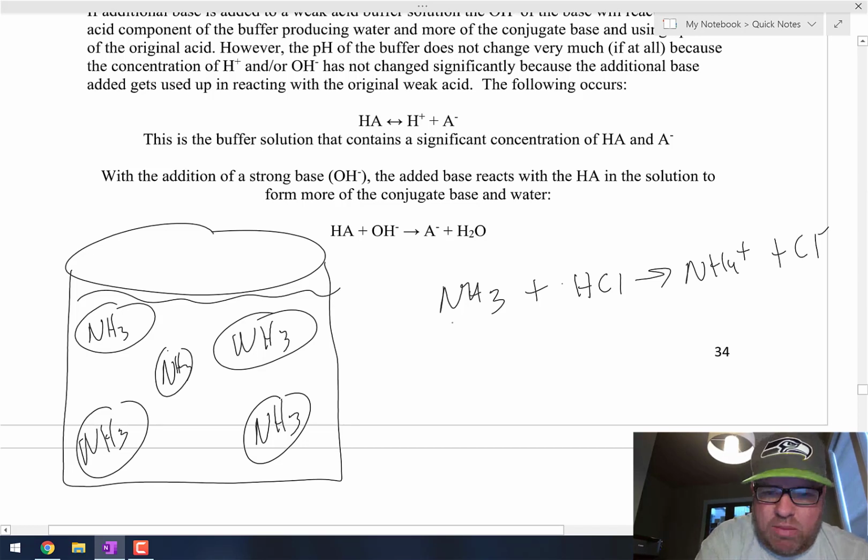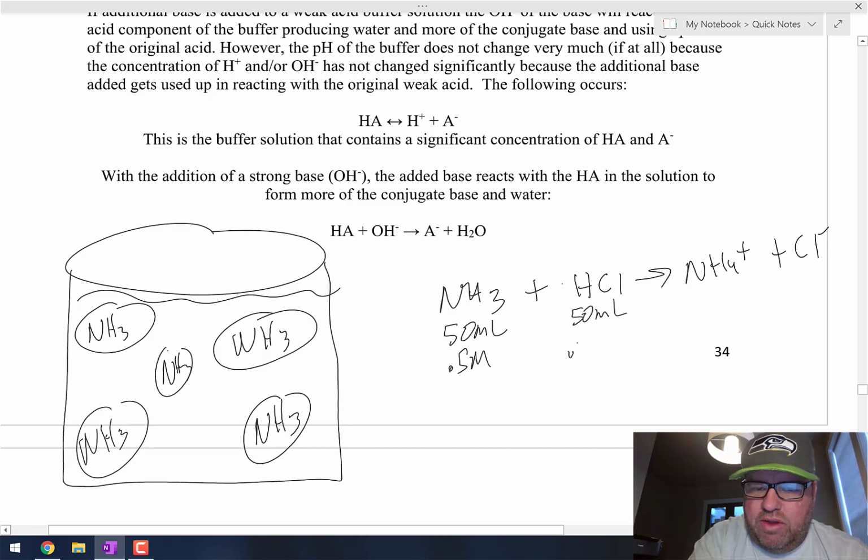Again, remember how you create a buffer solution. If you have 50 milliliters of 0.5 molar NH3, you could do 50 milliliters of 0.25 molar, and that would be fine.